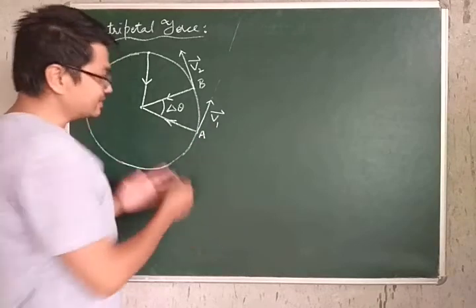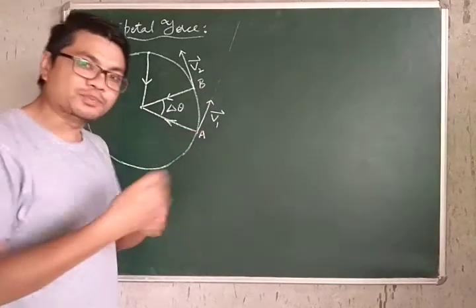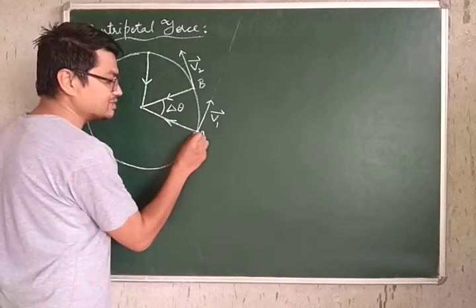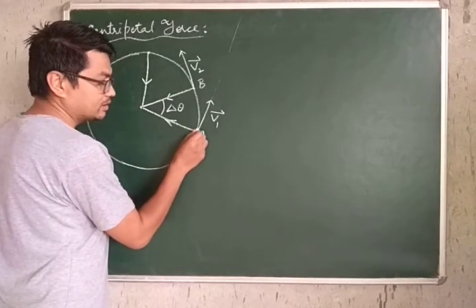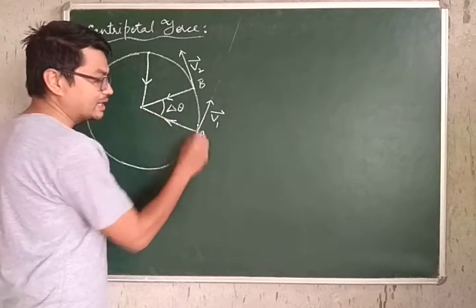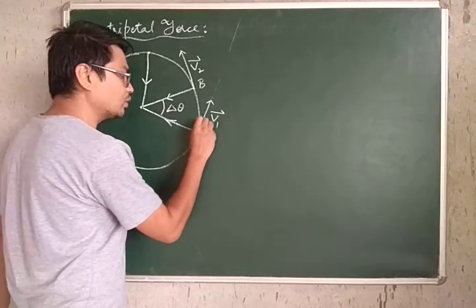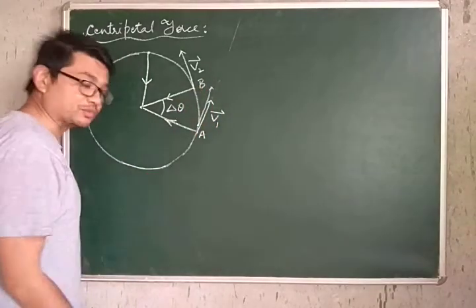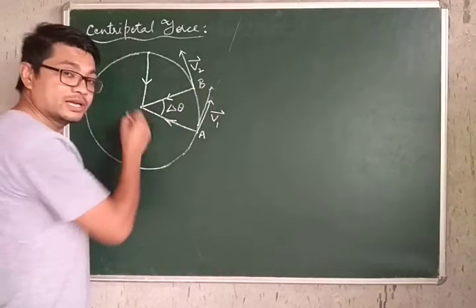But since there is this inward pull, this body gets pulled inside and reaches over here. Now at this point the body actually would want to travel in this direction, along another tangent, but again, there also is an inward pull.